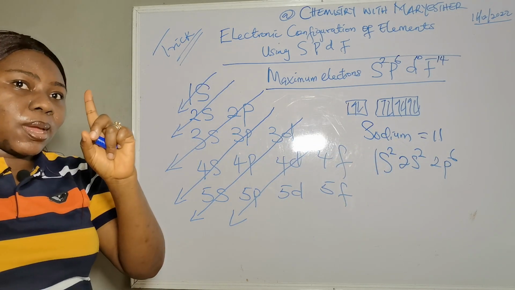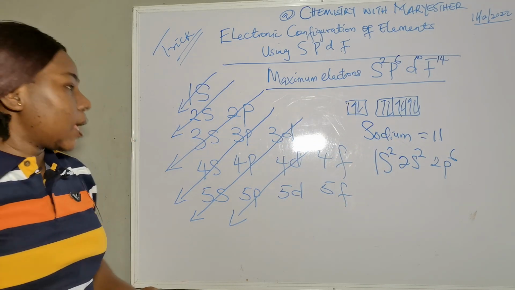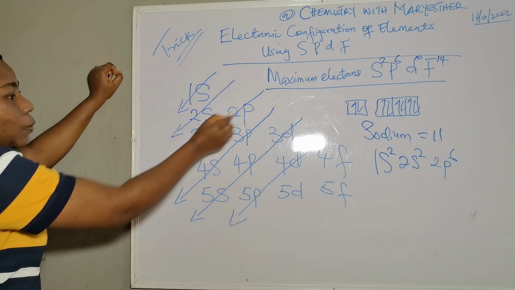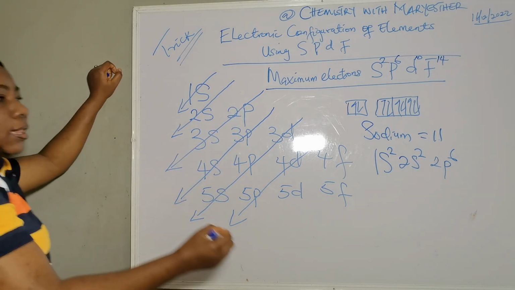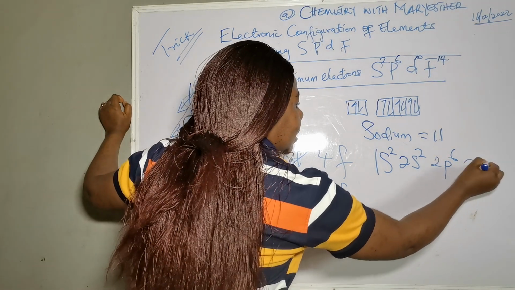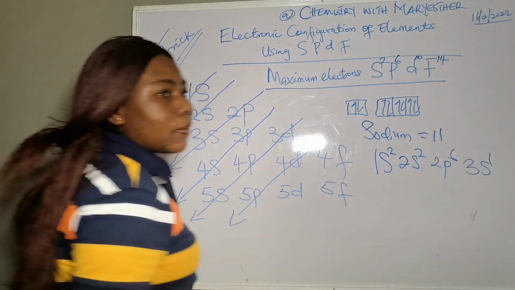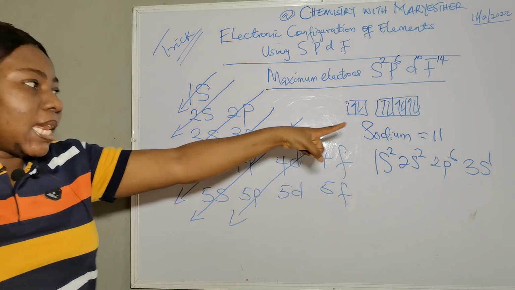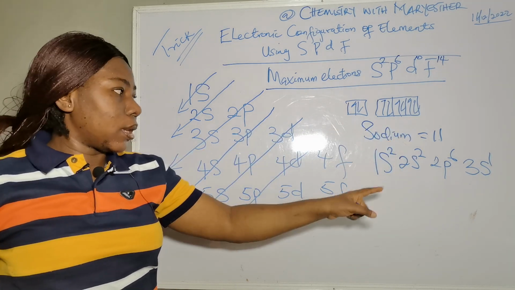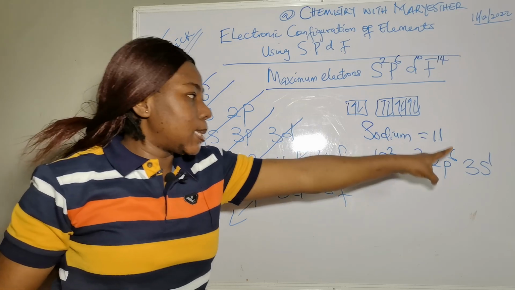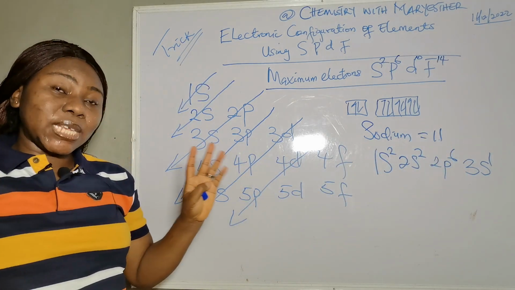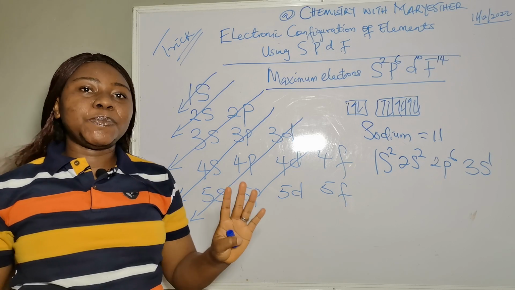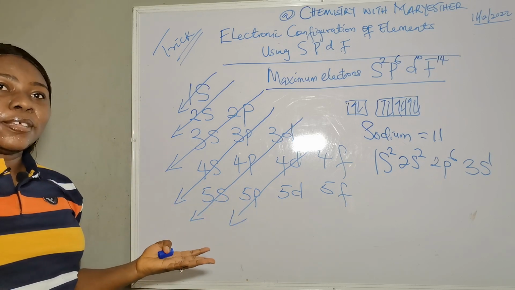How many electrons are remaining? 1, right? Now, after 2p, you go to what? Remember the arrow? From 2p, you go to 3s. Now, 3s1, not 3s2, because sodium is 11, it is 3s1. 2 plus 2 plus 6 plus 1 is equal to 11.